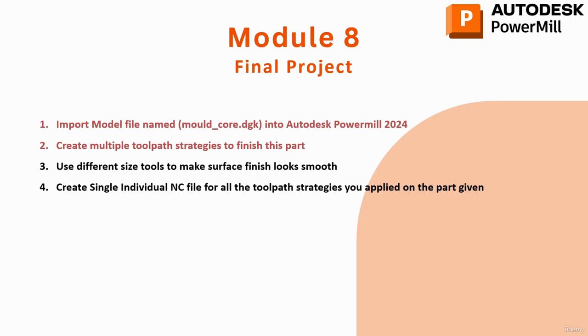We are going to use different tool sizes to make the surface more finished and smoother. We'll create individual files and toolpath strategies to apply on the given part. That's everything we have to discuss in this module number 8, which is the final project.